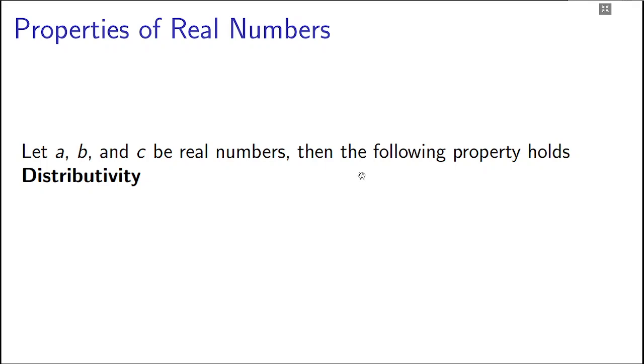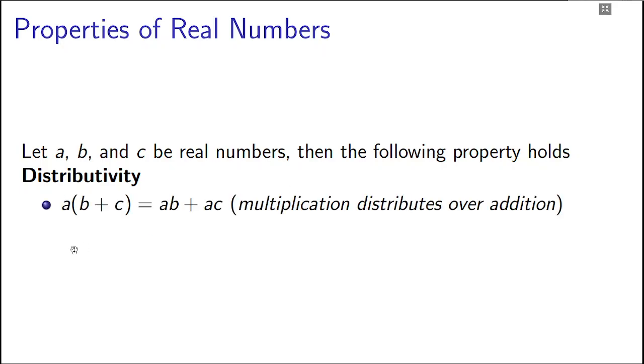Or the distributive property of real numbers. Now, this is a straightforward property, and it's extremely important, especially when we simplify problems. We say we have an expression here which says b plus c, and we multiply the whole expression by a.